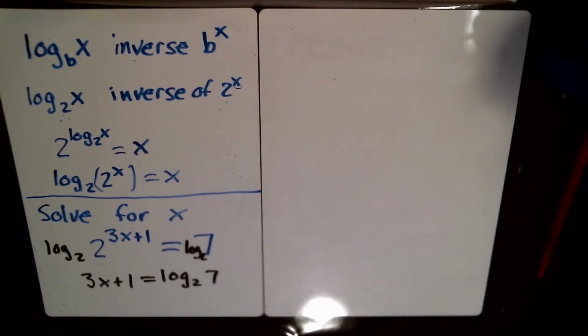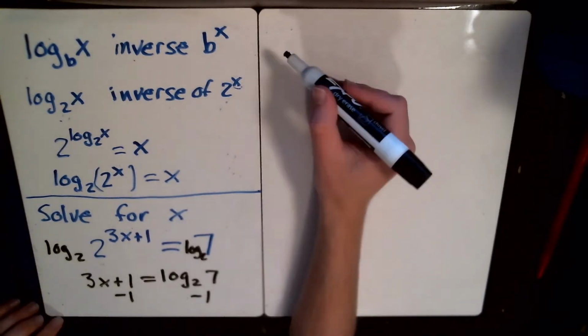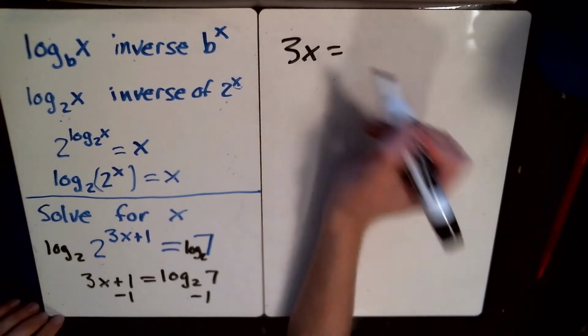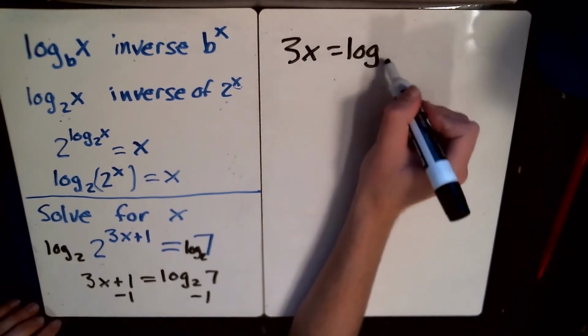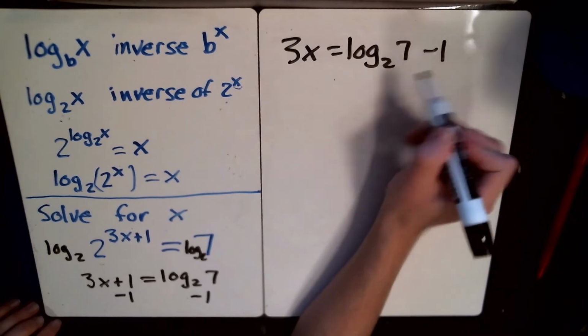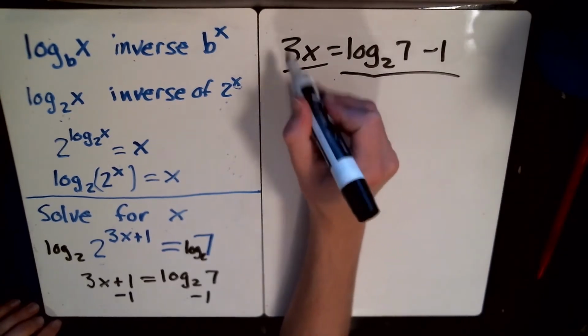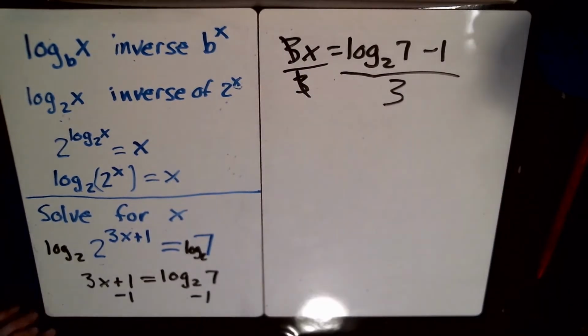Now I can solve for x. I could subtract 1 from both sides and then divide by 3 to get my answer. So 3x would be equal to log base 2 of 7 minus 1, and then we would just divide by 3 on both sides. That would be my answer for x in that situation.